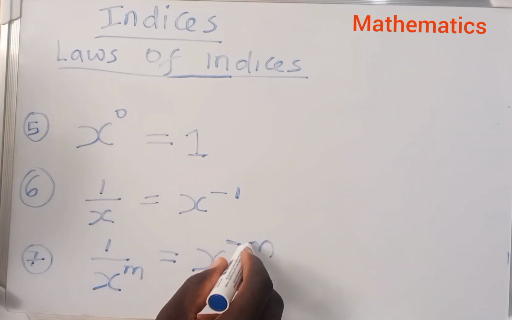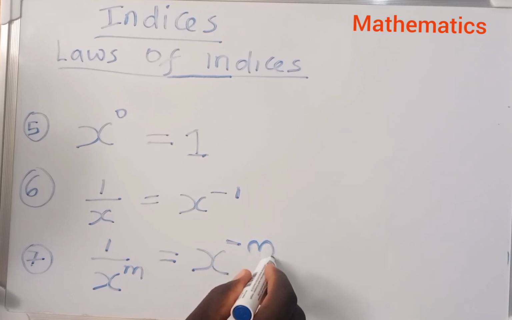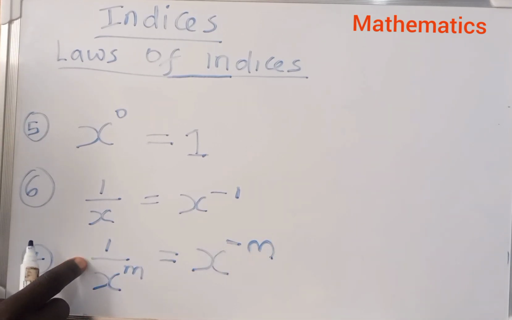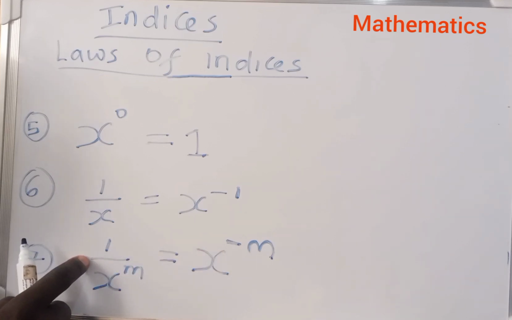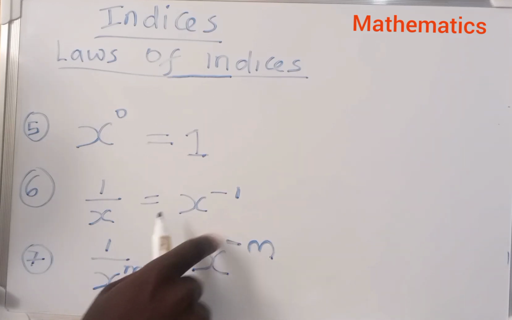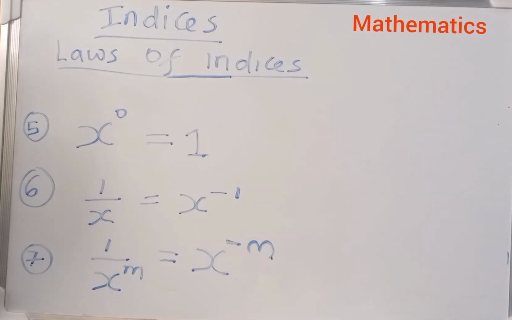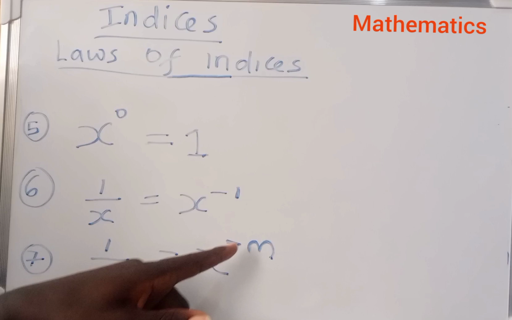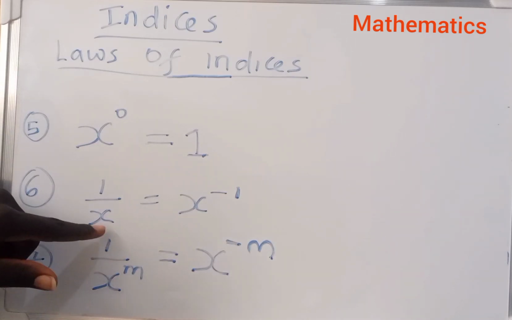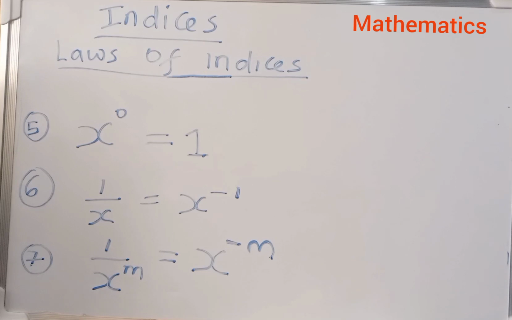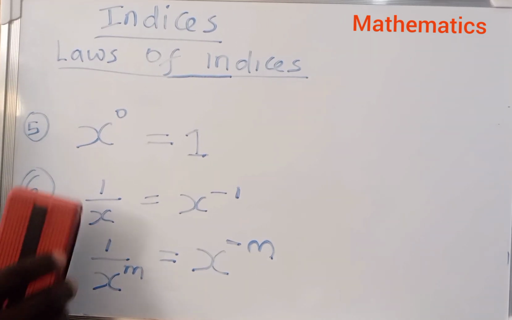Because of the 1 over, it can be expressed in terms of a negative. So this is 1 over x raised to m, so it will be x raised to negative m. That is the seventh law of indices.